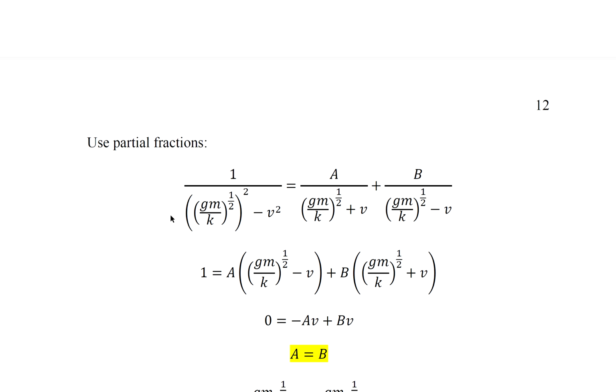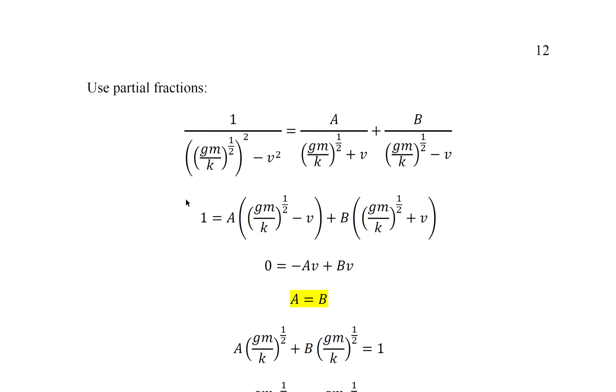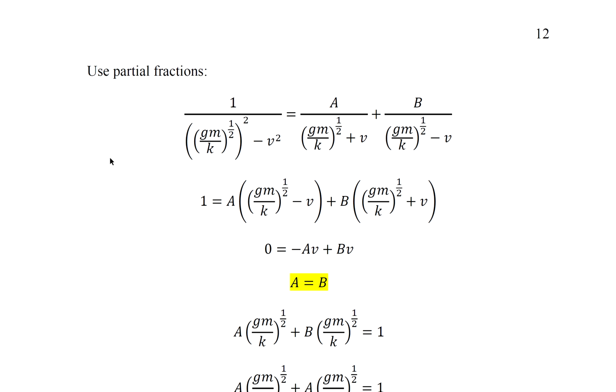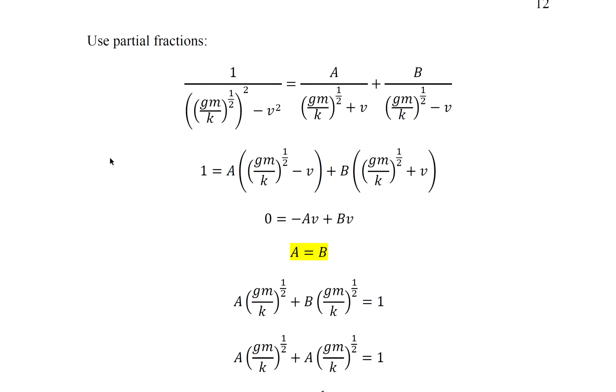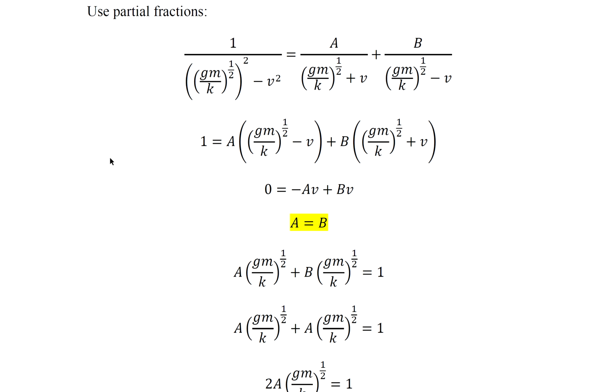Then I use partial fractions. In the denominator, a squared minus b squared is equal to a plus b times a minus b. So I used this fraction and I multiplied the left side and the right side by this times this. And I ended up getting this.